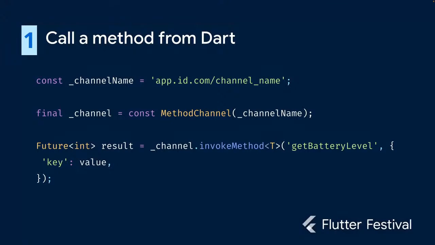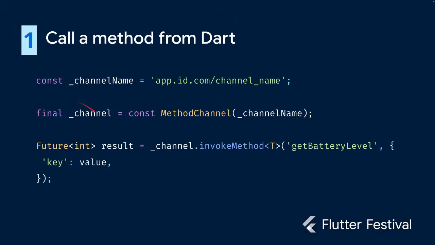Most of the packages, if you go inside them, you will notice they follow a similar pattern where they first put the package ID, slash the channel name. And we can have multiple channels in the same app or in the same package. This way, we ensure that our channel name is unique to our application.